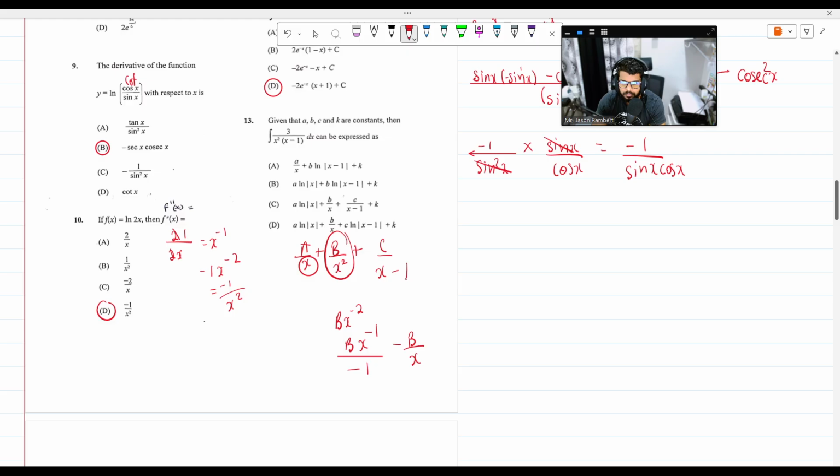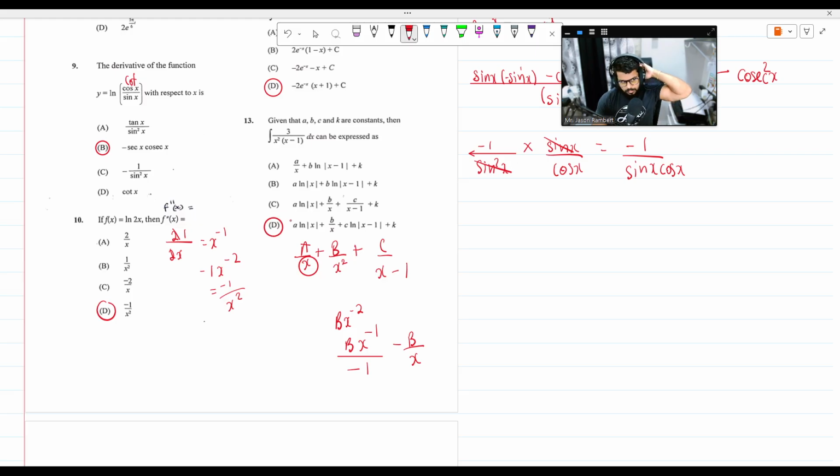Now, the only thing that looks correct here is going to be the integral of that. It had to be a. Sorry, it had to be d.